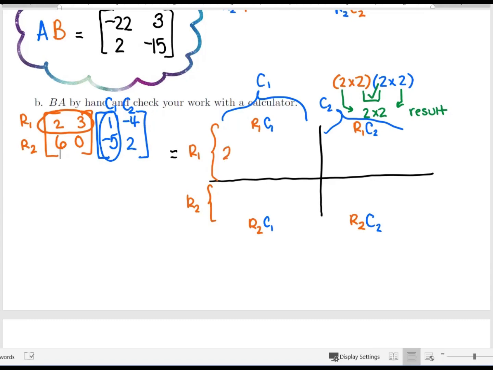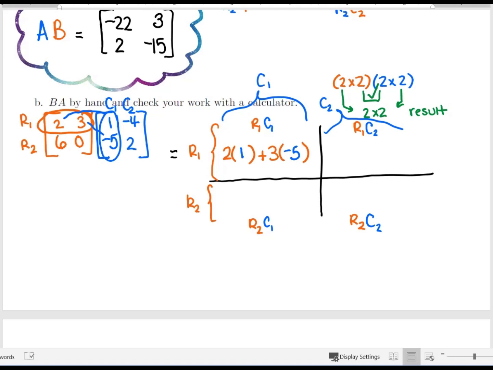We're going to have 2 times 1, because the 2 and the 1 both came first, plus, because it's always plus, 3 times -5, because 3 and -5 both came last.